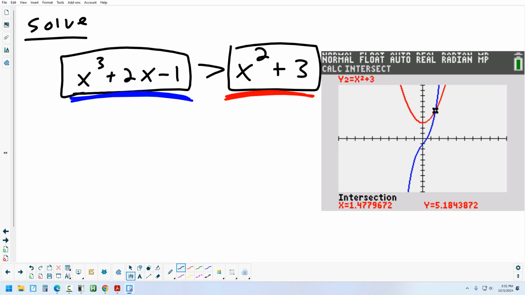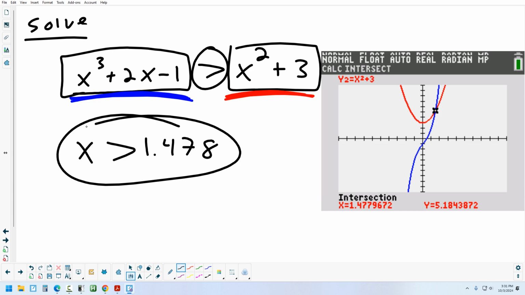No. Why can't we include it? Because it wouldn't be above it. Well, it wouldn't be above it, it would be exactly equal, and this specifically says it has to be above it. So you could pick any number above, we'll say 1.478, we'll round it off. So that's how you'd solve an inequality graphically.